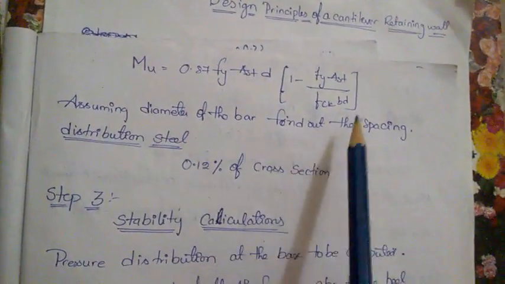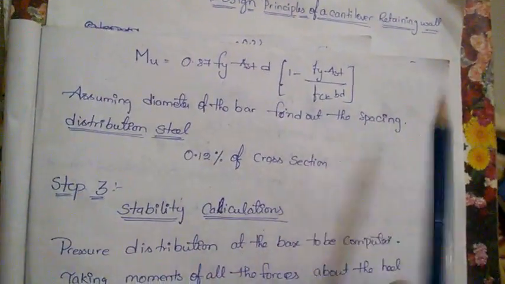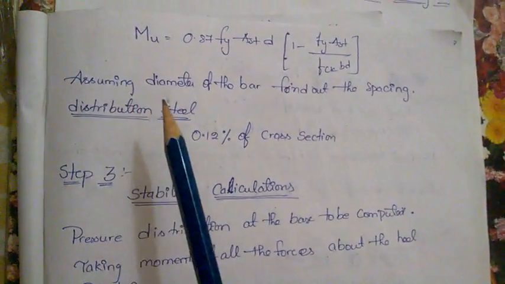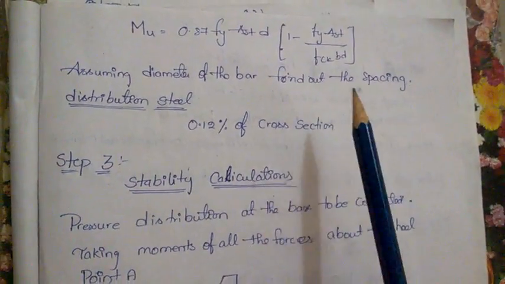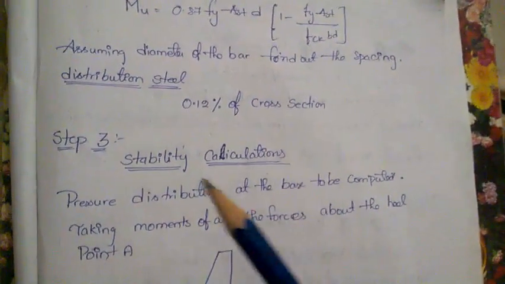This is the formula we have taken from the IS provisions. Assuming the diameter of the bar, find out the spacing. Okay. Distribution steel. What is meant by distribution steel?